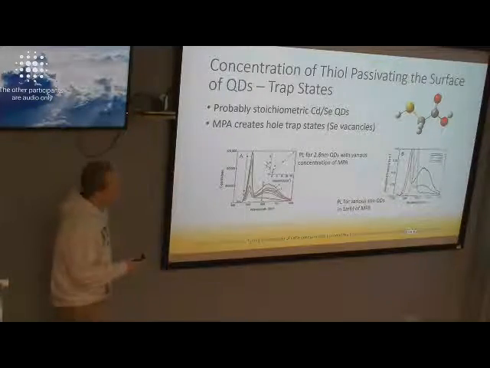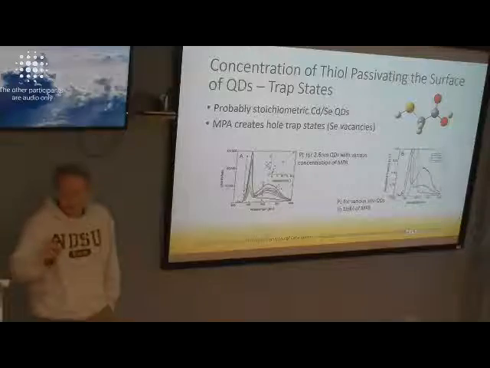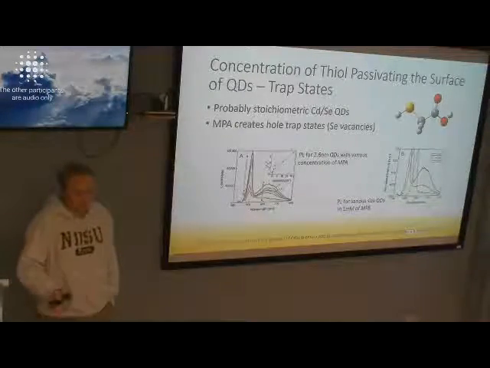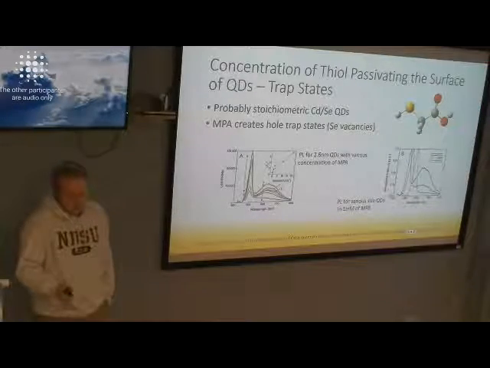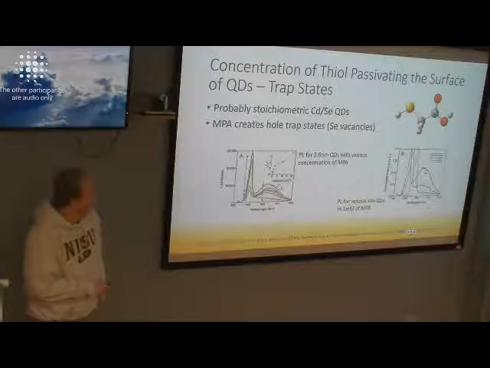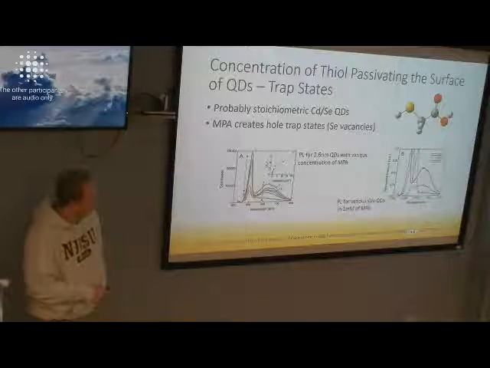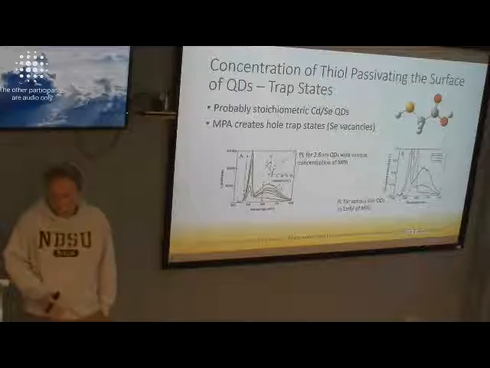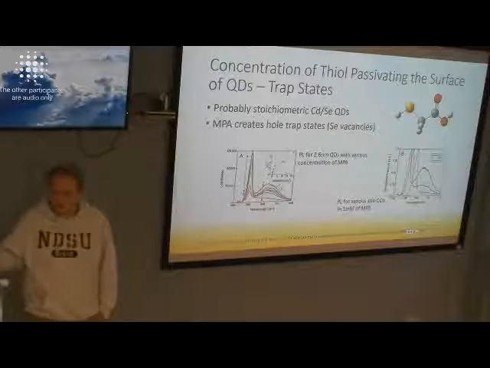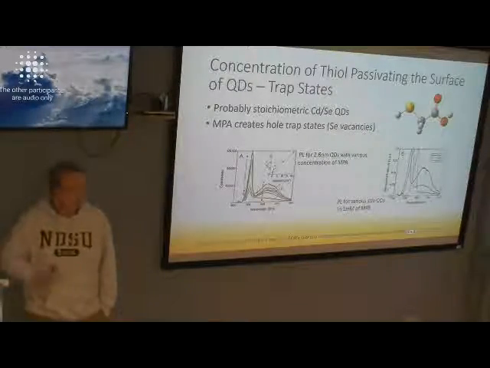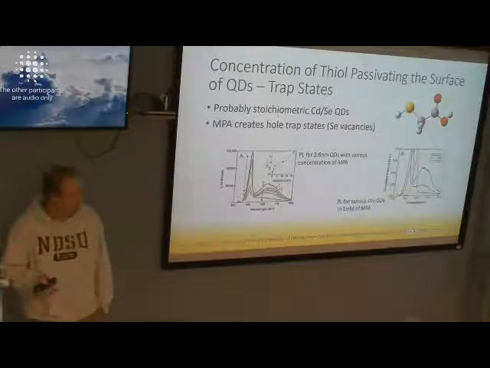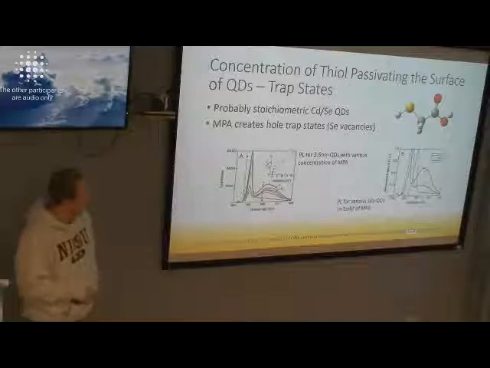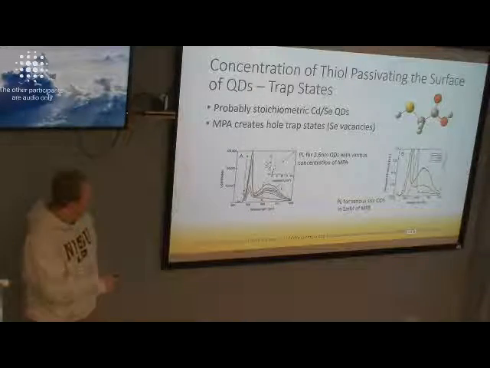And both of these tell me that, but it's emissive, right? Yes, it's emissive, but it's still making trap states that are emissive. This tells me from these two figures that concentration is very important. So if you have a very small concentration, you should retain your emissive properties, whereas if you go to higher and higher concentration, you get less emissive band gap.